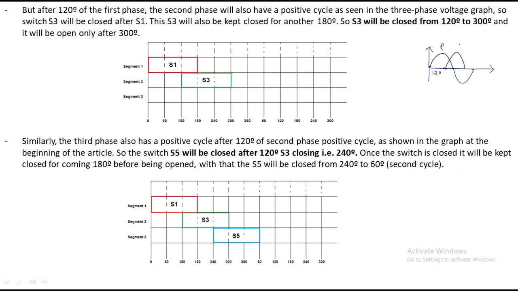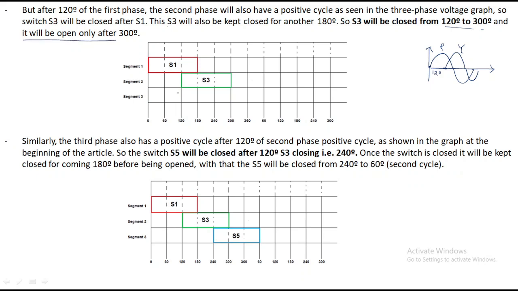So that's why segment 2 will be turned on after 120 degrees, since after 120 degrees of the first phase, the second phase will also be in the positive cycle, as seen in the three-phase voltage graph. So the switch S3 will be closed after S1, and it will also be kept closed for another 180 degrees. S3 will be closed from 120 degrees to 300 degrees, and it will be opened only after 300 degrees.